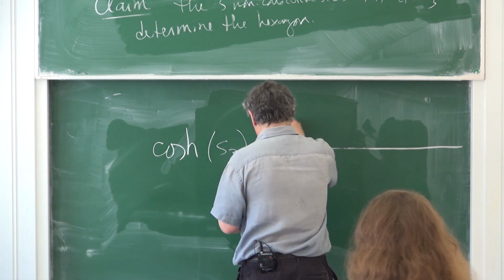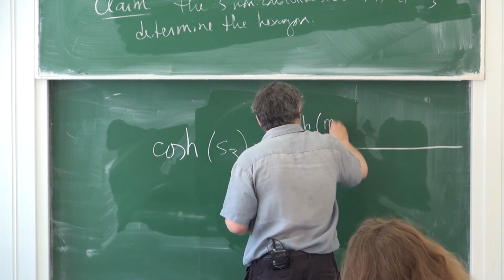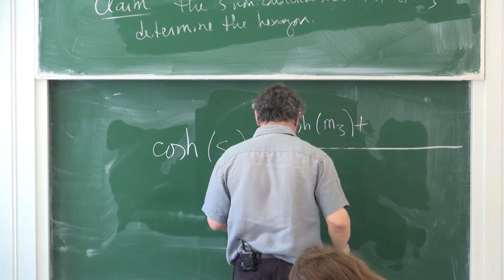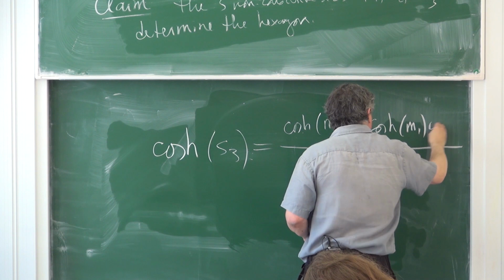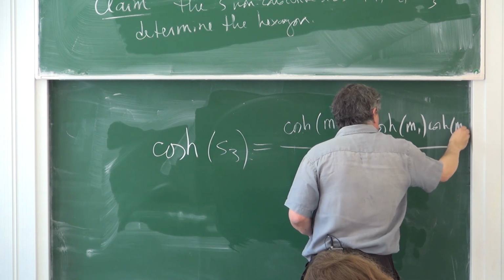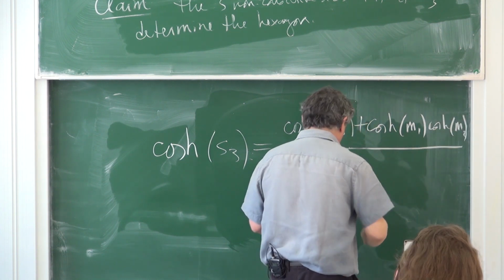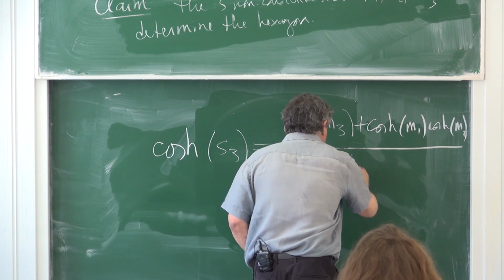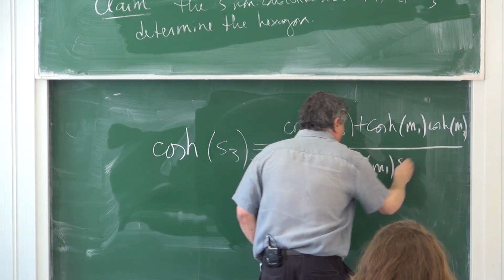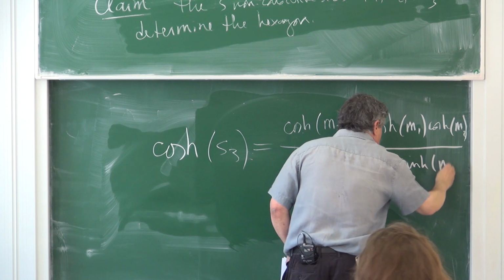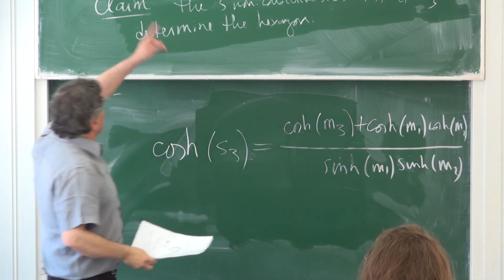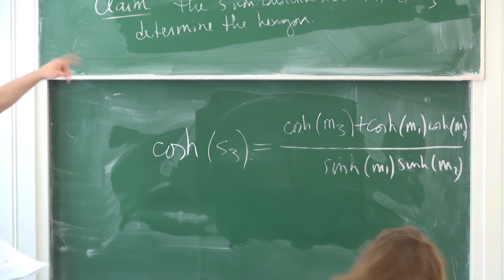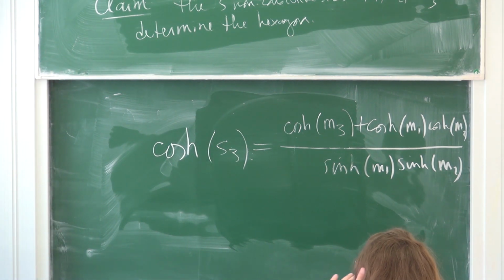This is cosh of M3 plus cosh M1, cosh M2, and then here I have sinh M1, sinh M2. So I have a formula which gives me S3 in terms of M1, M2, M3.